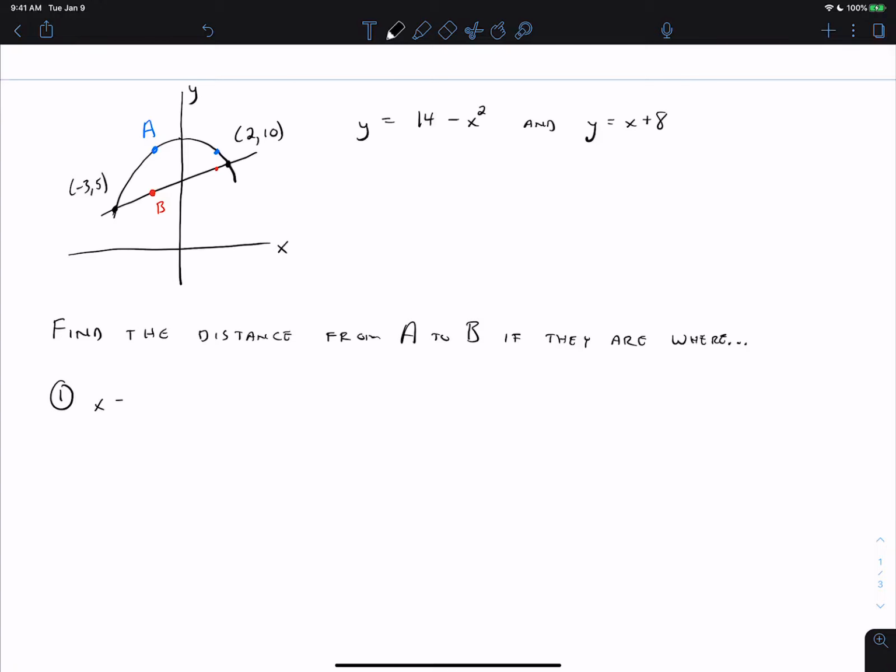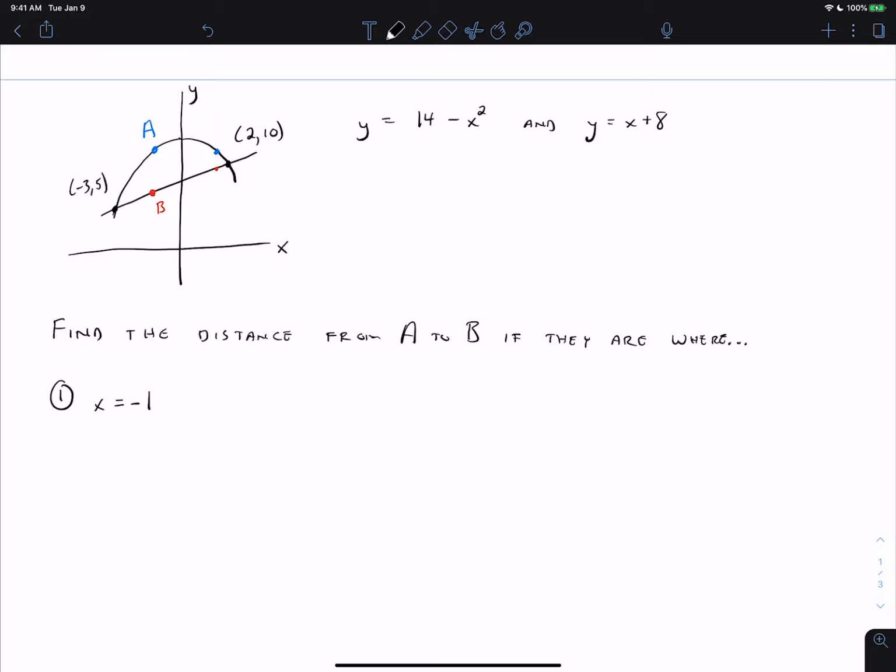So the first problem, let's say they're at -1. So find the distance from point A to point B if the points are where x is -1. All right, see if you can figure out a way to do that problem, and then pause the video and try that, and then we'll work it together in just a second.